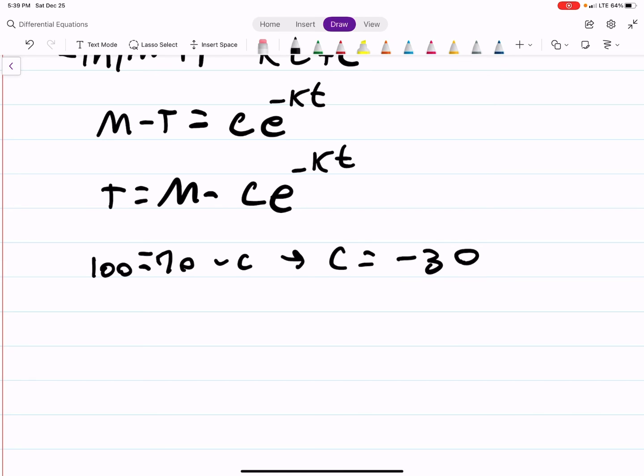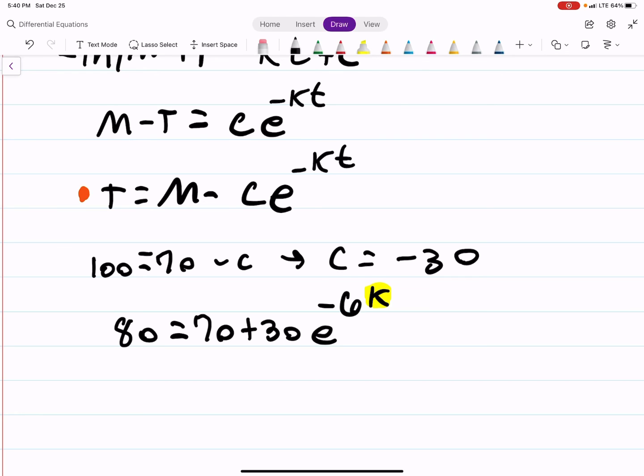And then in the other case, 80 degrees after 6 minutes, so 80 degrees equals 70 plus 30 e to the minus 6k. So all I did was I plugged in the values into here. And now all you have to do is solve for k. k is our other constant, so we use the first initial value to solve for the constant associated with integration, and we're using the second value, well, it's not an initial value, but the second point, to solve for this k constant, which is just a property of the equation that was given.